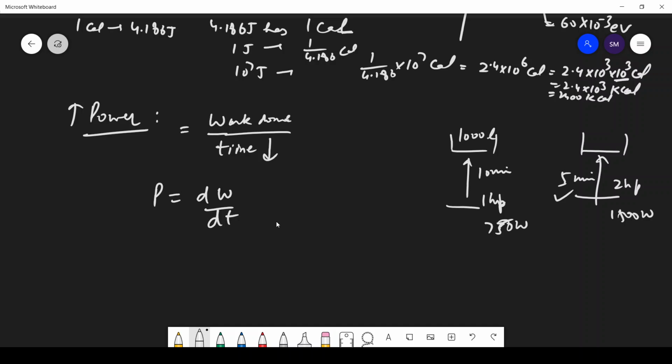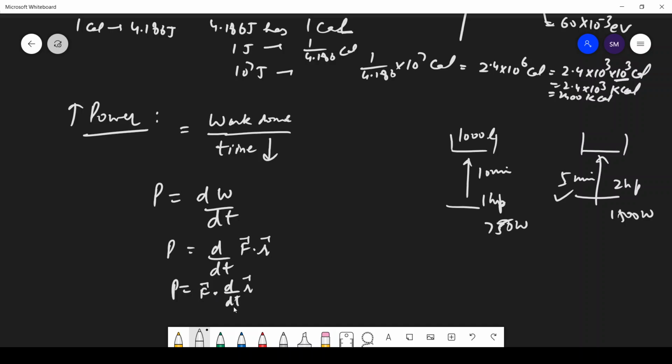Now, put the formula of work done here. What is work done? Power is d by dt of F dot R. If the force is constant, this F is constant, come outside, and this dot will also be there.